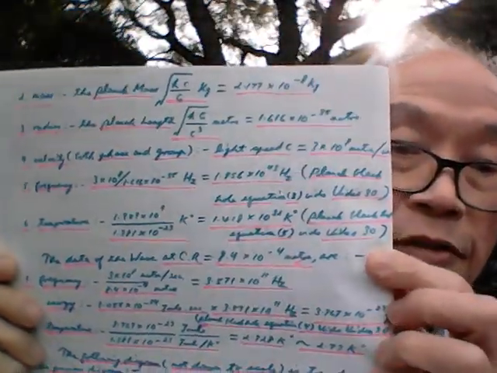This is the Planck black hole equation number 5, equation 5. You can always get all this from my video 30.